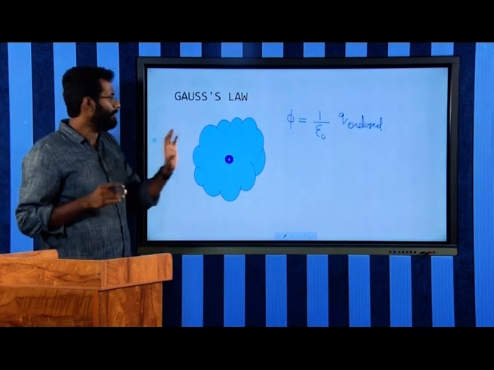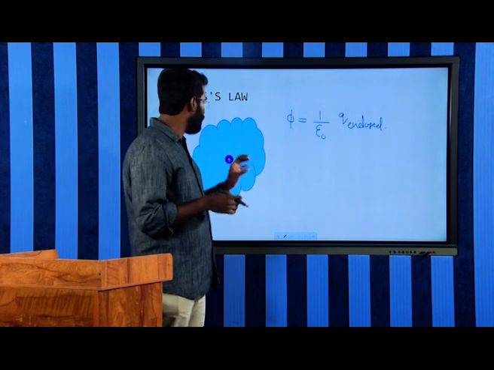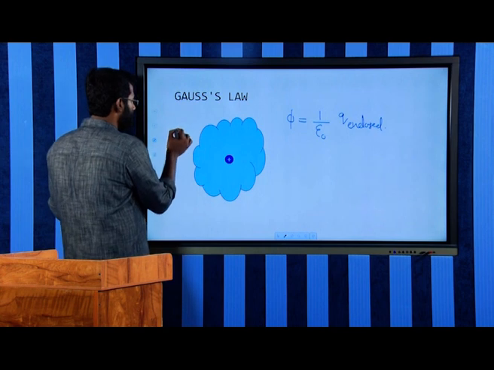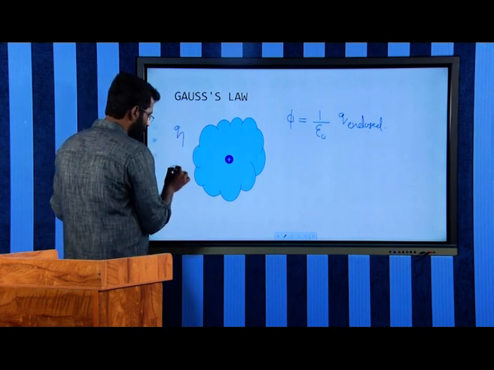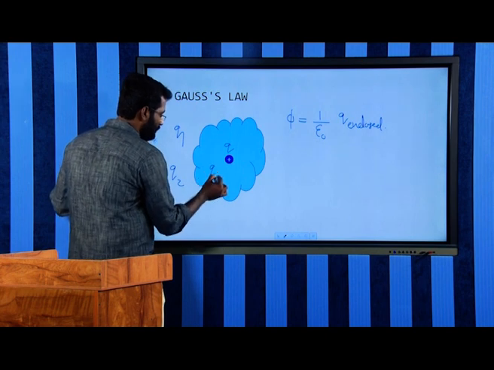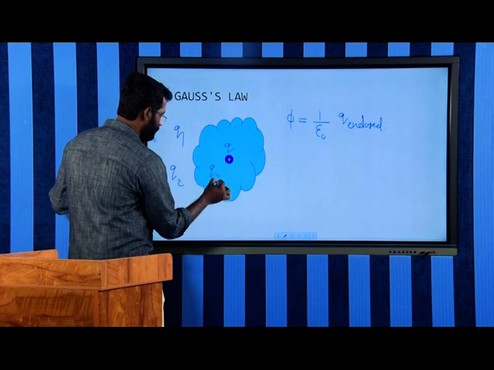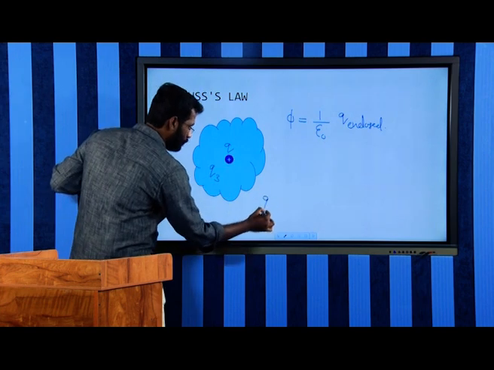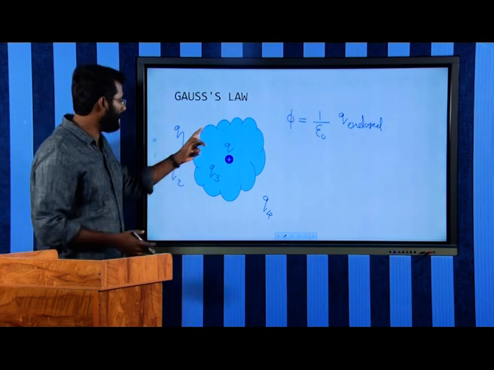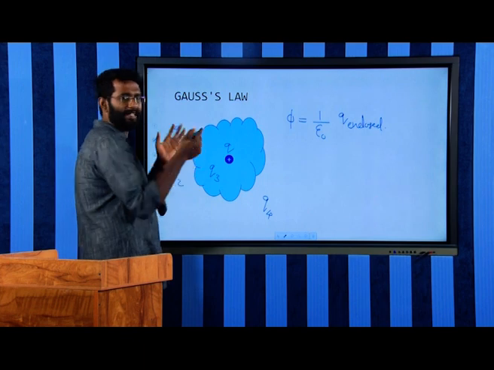We spend some time here. Whenever we want to calculate the total flux phi, you have to only consider what is inside it. Maybe there can be some charges q1 here, q2 here, and some charge, let me call it q, and q3 here, and there is another q4 here. For this particular case, consider that this is an arbitrary surface, it can have any shape.